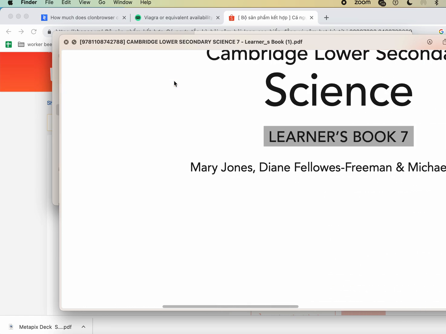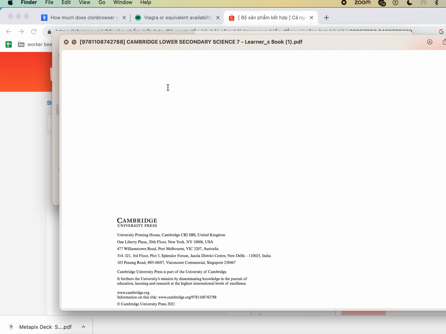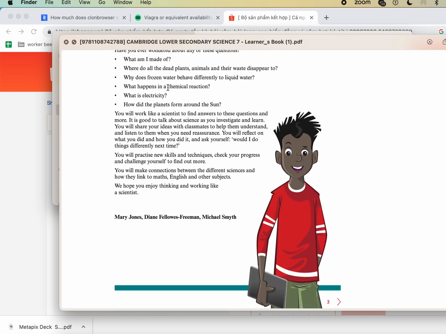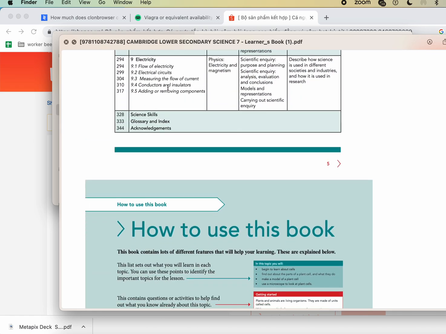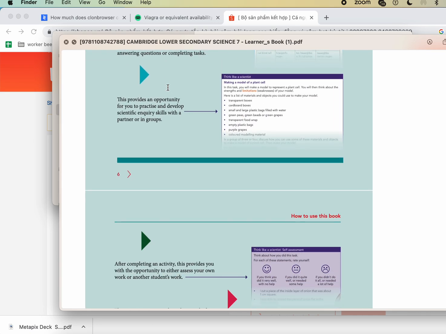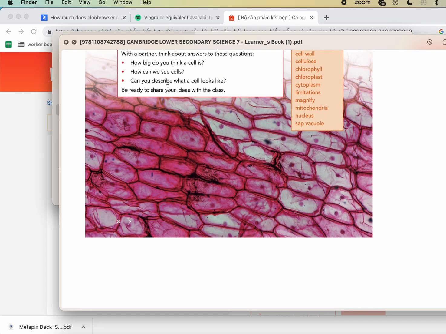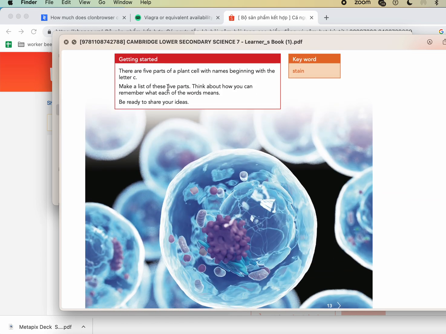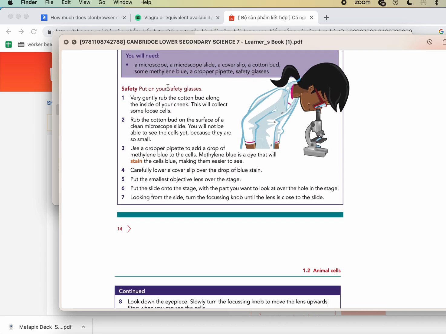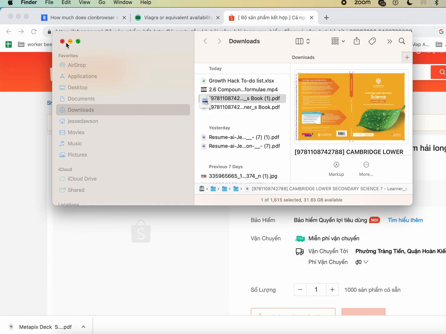Okay, learners book. So where are you getting this curriculum from, other books? Okay. So how long is all the curriculum?